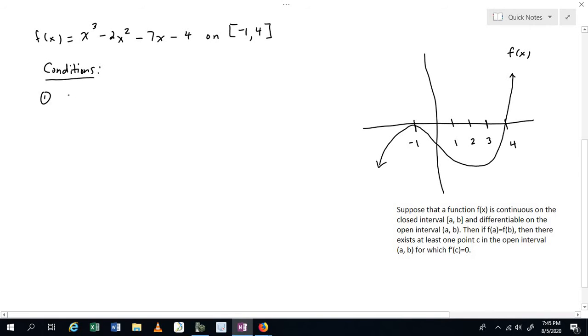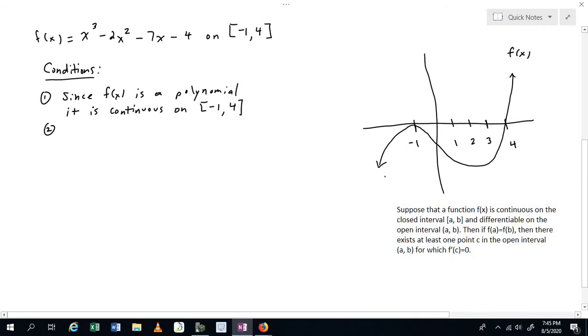So that's the argument. So since f of x is a polynomial, it is continuous on the closed interval from -1 to 4.